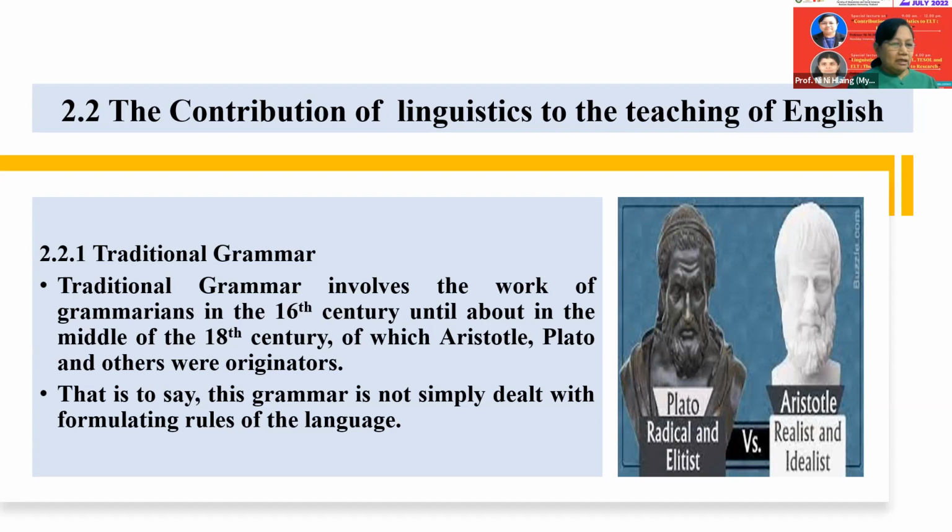That is to say, this grammar does not simply deal with formulating rules of the language. Now, let us see the principal ideas of this grammar and their contribution to the teaching of English.